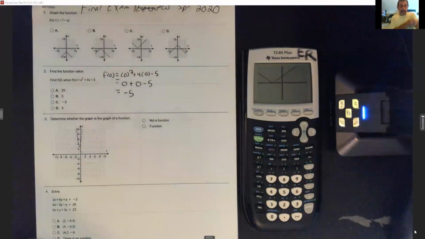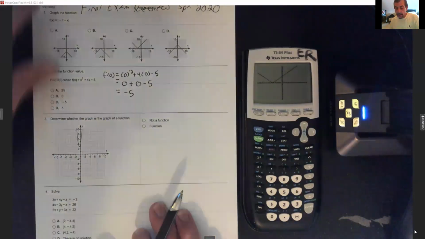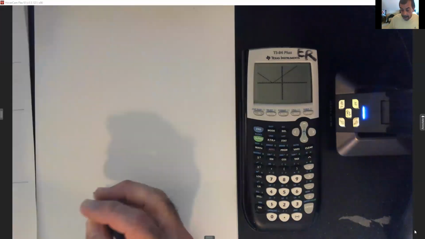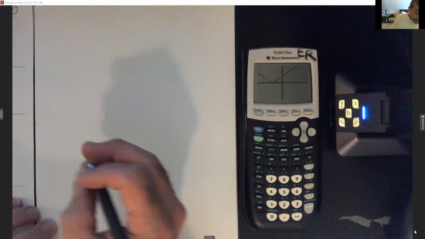All right, so here's a bigger one for us. We're going to solve this system of equations. I will do this by hand, and then I'll show you how to do it on the calculator. So let me write my problem.